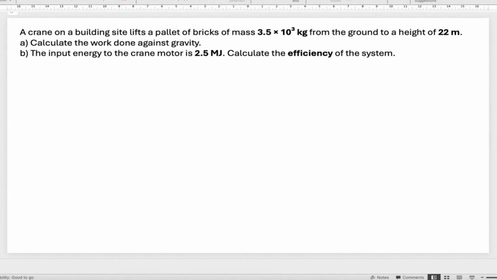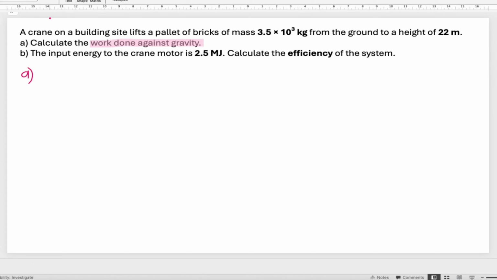All right, so here we have to calculate the work done against gravity. We are going to start by writing down the formula.